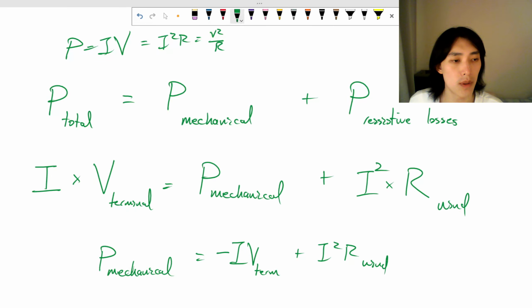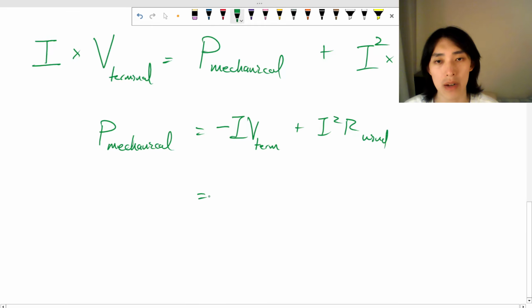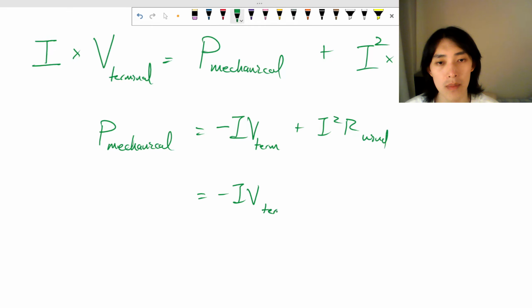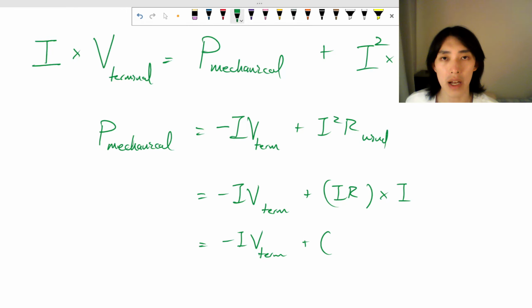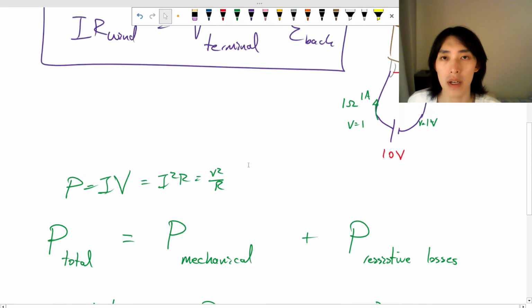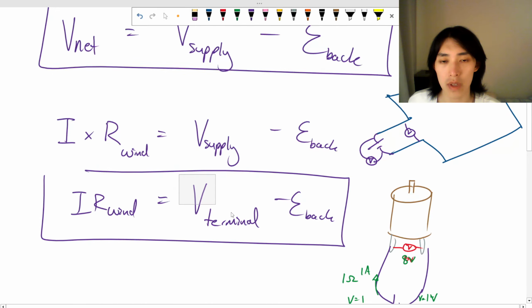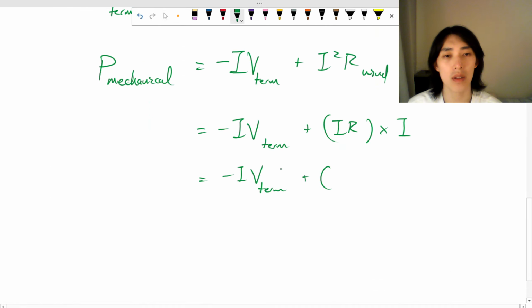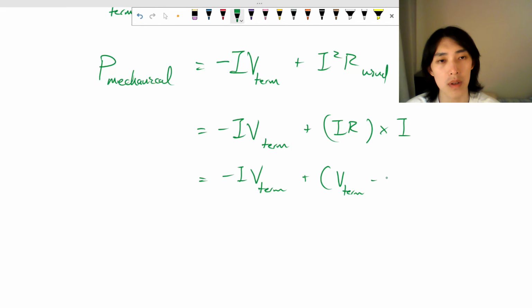Then we want to do a little bit of a mathematical trick here. We know that IR is equal to, so we have an expression for IR from above, over here, right? It is equal to V terminal minus back EMF, times the current.